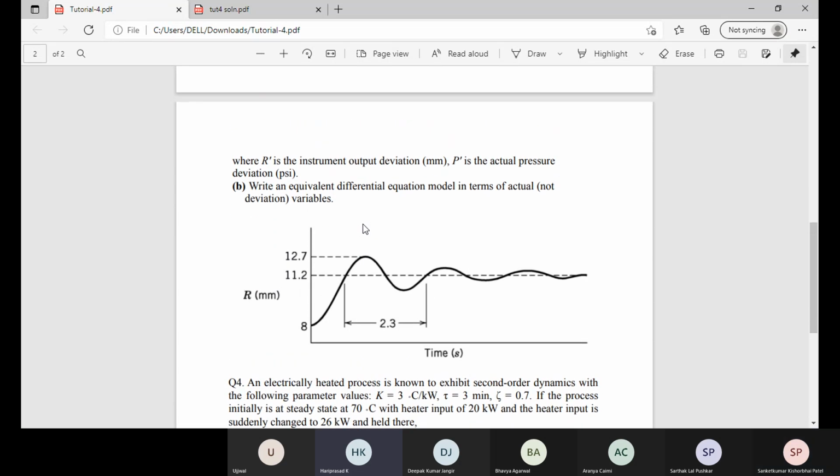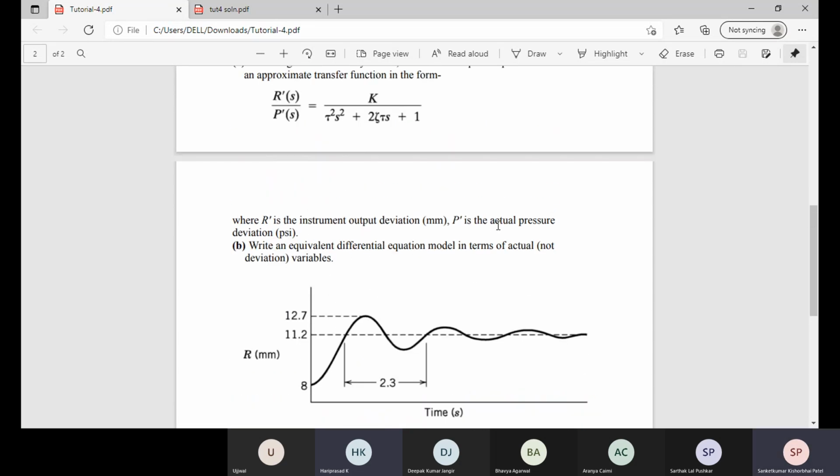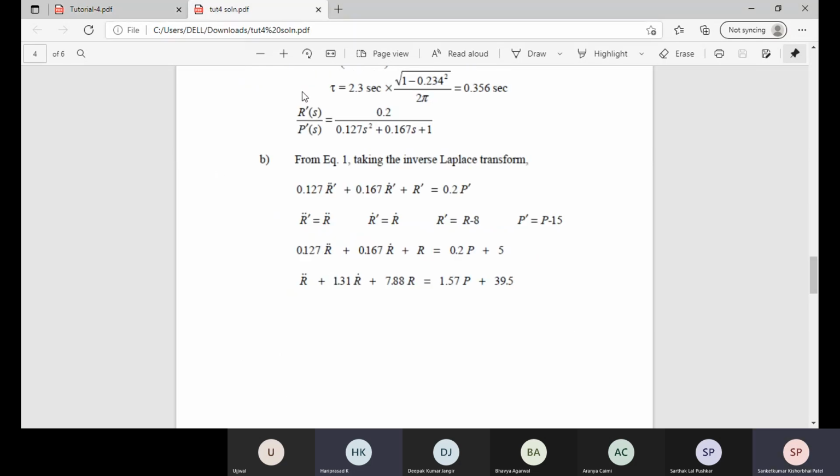Okay, so now you see the response of R. R's response starts from 8 and finally it converges. So the steady state value of R is 8. So R prime you define as R minus 8 because that's the starting value, the steady state from where you started your response. Similar to P prime is equal to P minus 15. So you plug in both of them in the original variable, you will get the solution.